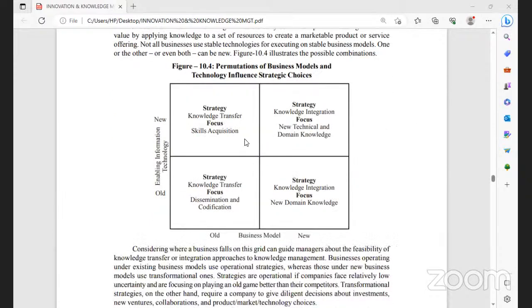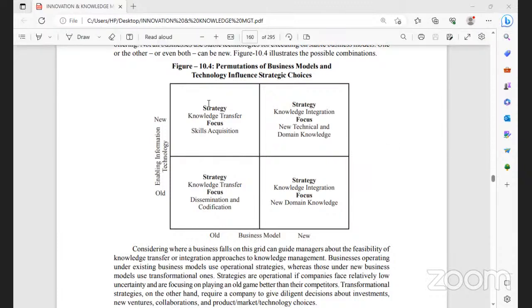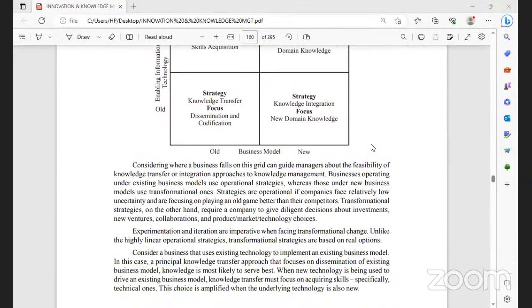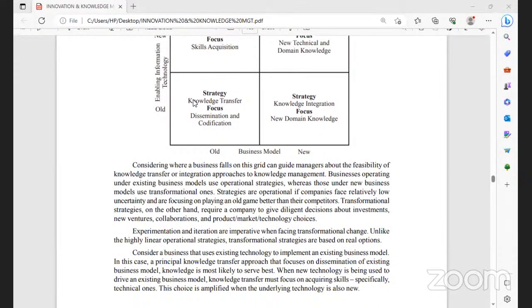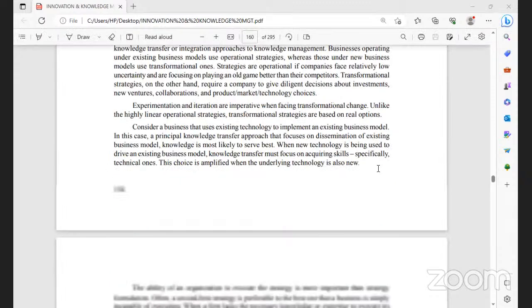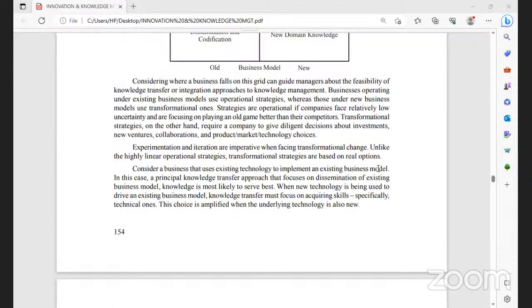Skills acquisition, domain knowledge, codification, new domain knowledge are the four quadrants in this matrix. Considering where a business falls on this grid can guide managers about the feasibility of knowledge transfer or integration approaches to knowledge management.